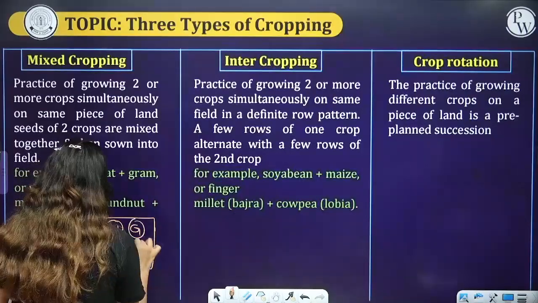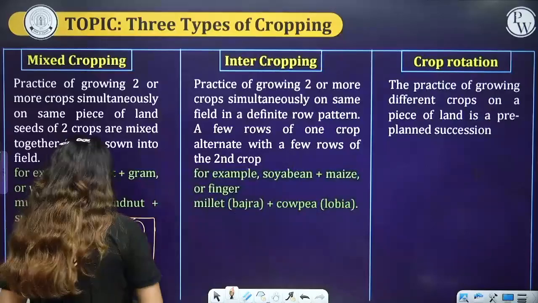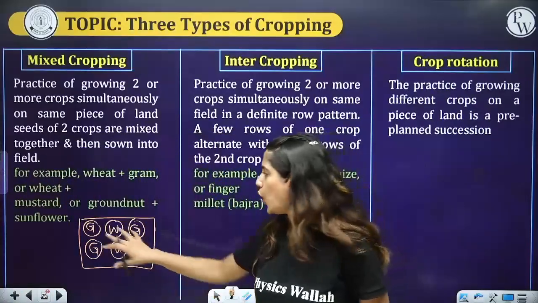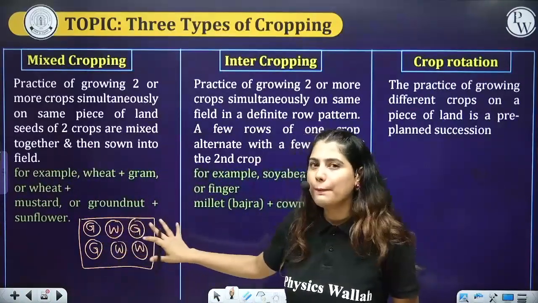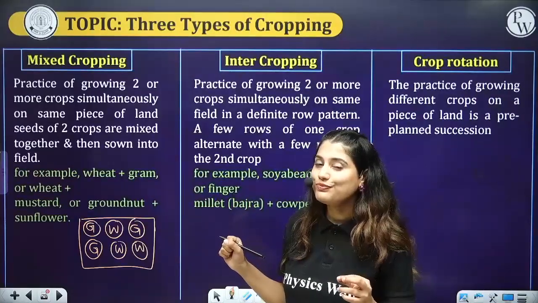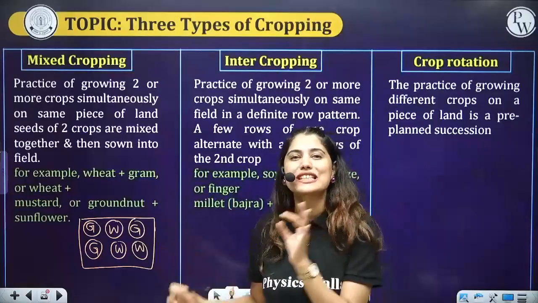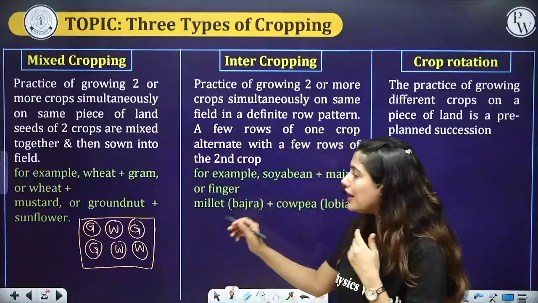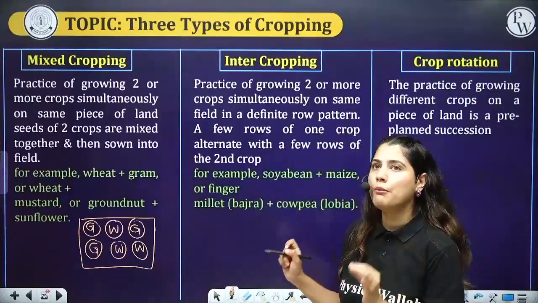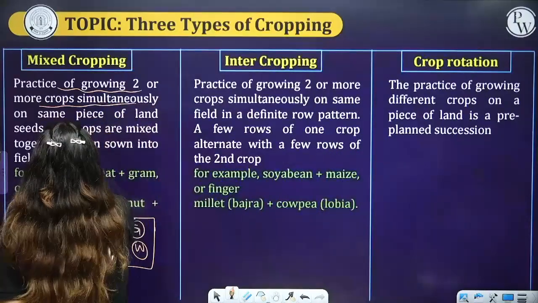Gram, wheat, then wheat, maybe gram. Could you see here? Is there any pattern? You have just mixed them and sown them. There is no specific pattern which you have followed. But yes, you have grown 2 or more types of the crops on a single piece of land.